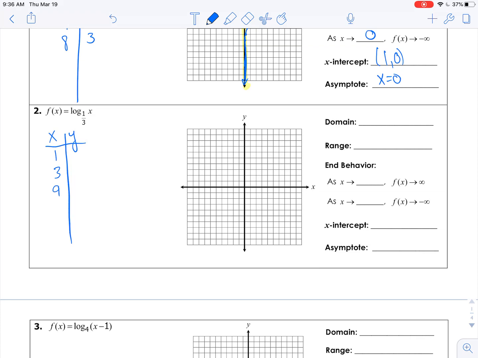So 3, 9. That's really all we can do. So let's see. y equals log base 1/3 of 1. So 1/3 to what power gets me 1? Anything to what power gets me 1, it's got to be 0. So (1, 0) is a point.